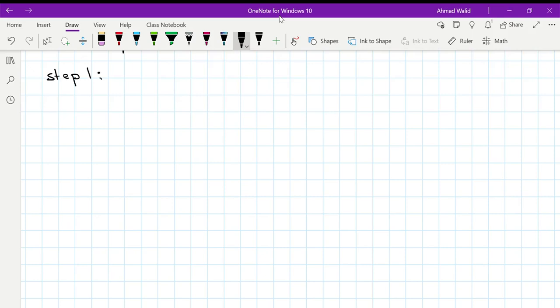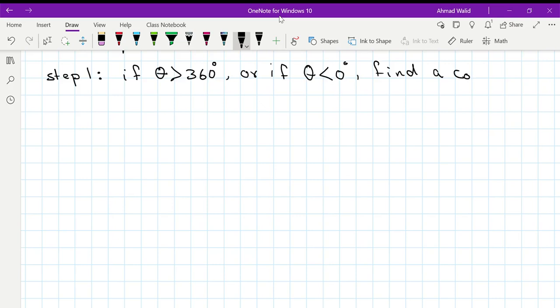Step 1: if theta is greater than 360 or if theta is less than 0, find a coterminal angle, like example number 2 that I did, by adding or subtracting.